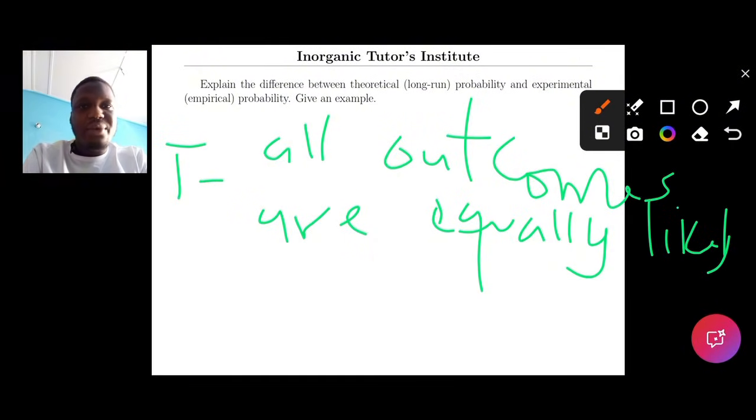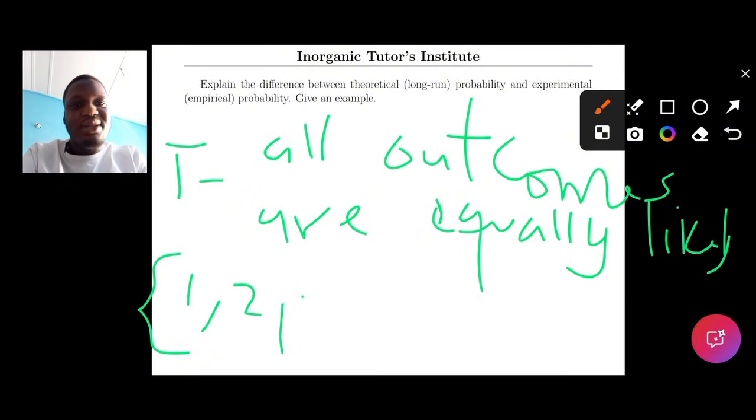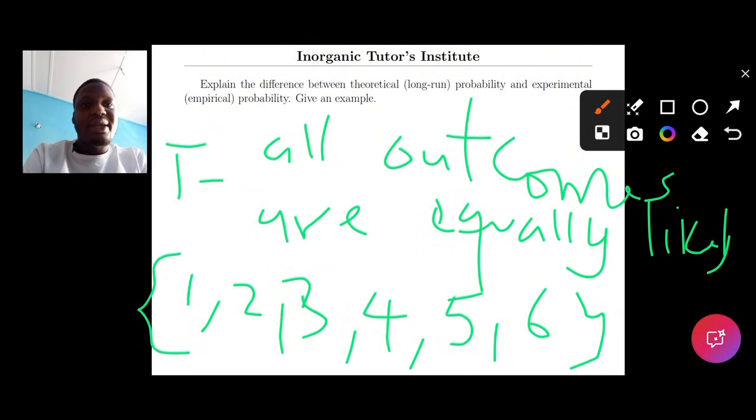Let me give an example. When you have a roll of a die, yes, I really like rolling a die because that's one basic example we use in probability for easy understanding, because we all know how rolling a die behaves. So when you are rolling a die, all the outcomes are equally likely. The chance that you get a 3 is the same chance that you get a 6.